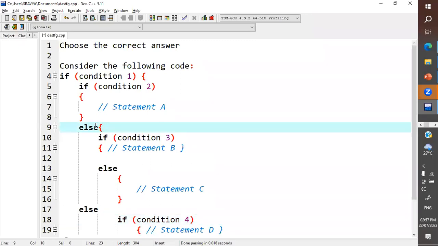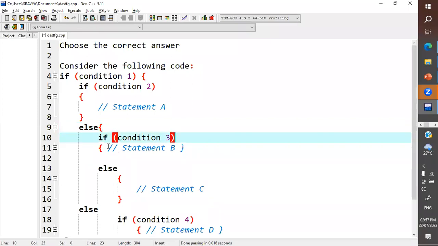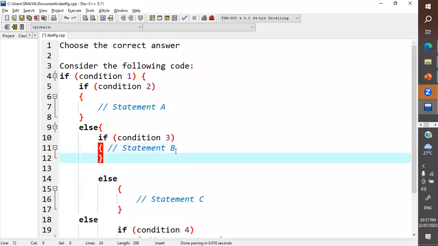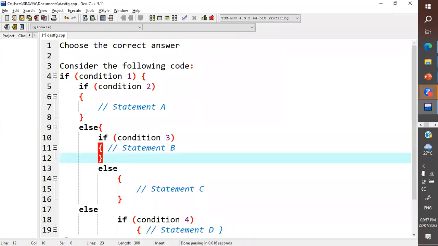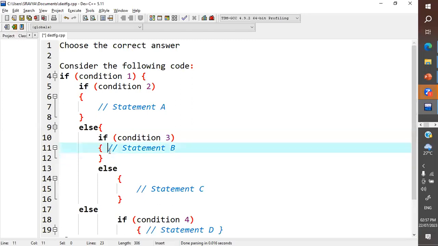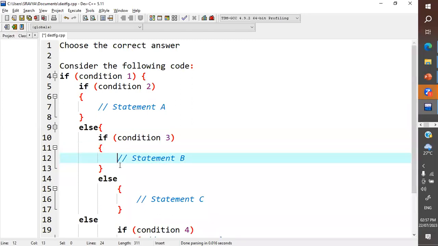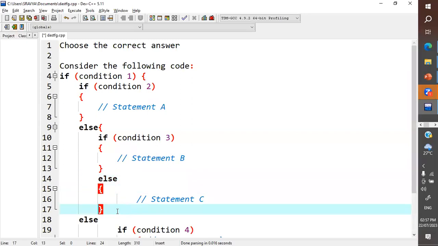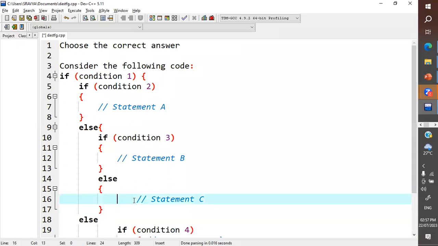This is the else part for condition two. Then inside that else we have condition three, and this is its else part. Inside this else I don't have anything, so I'll consider backwards. Then again I have an else part.